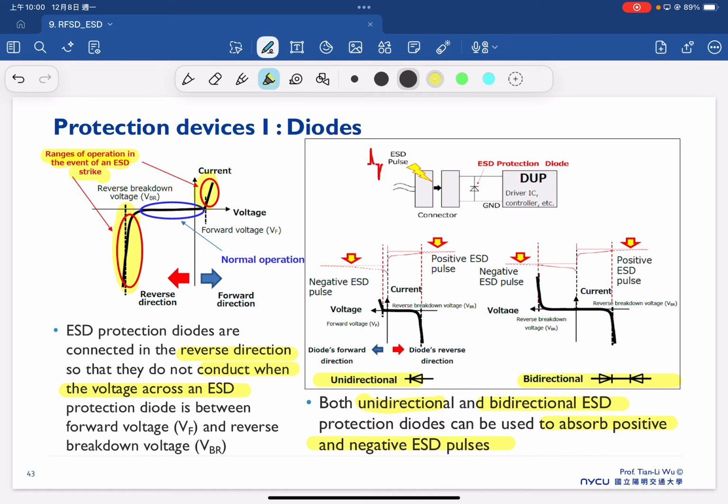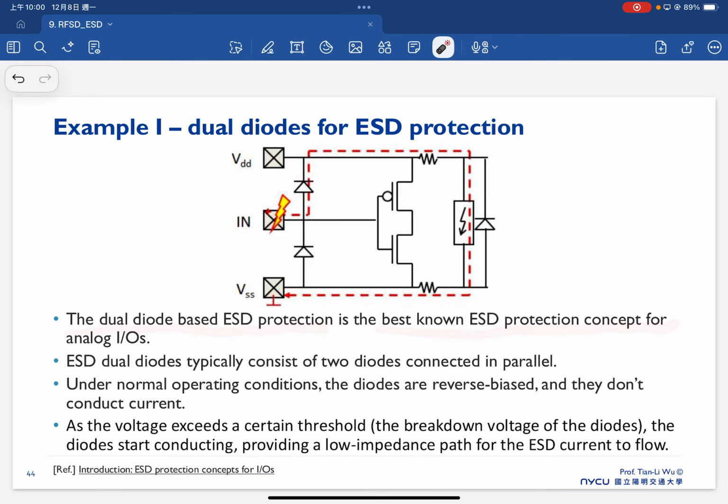Here is one example, the dual diodes for ESD protection. Dual-diode-based ESD protection is the best known ESD protection concept for analog IOs. The ESD dual diode typically consists of two diodes connected in pairs.